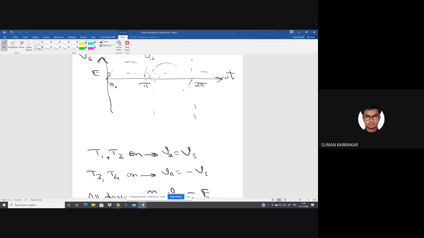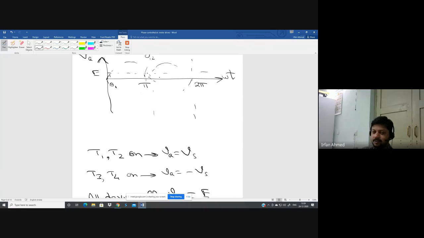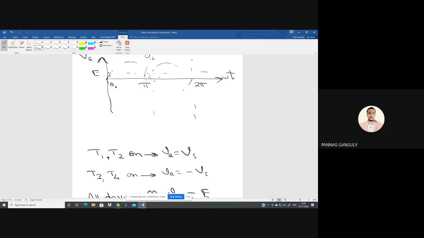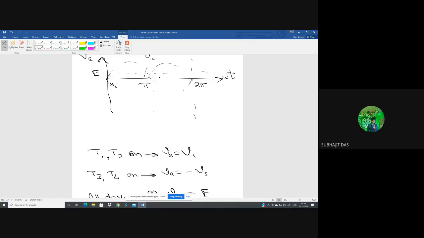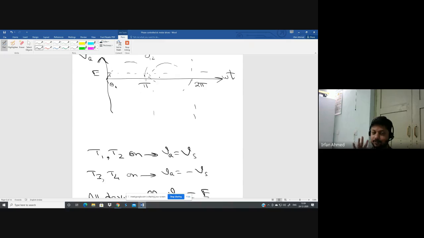Suman, this happens only in an RE load when there is no inductance, and that too when you have only diodes. Because if you are having SCRs, current will not start flowing from theta 1.